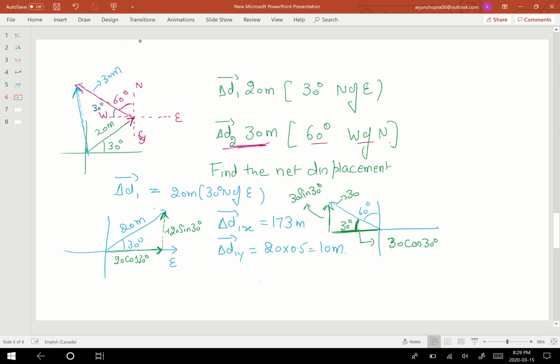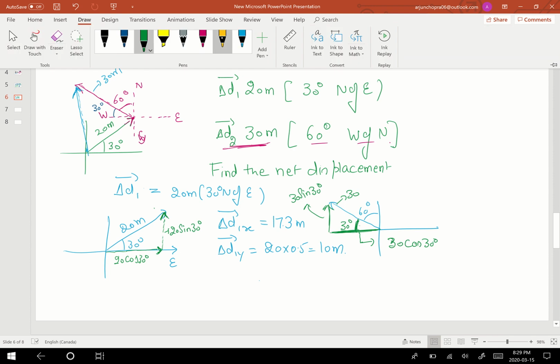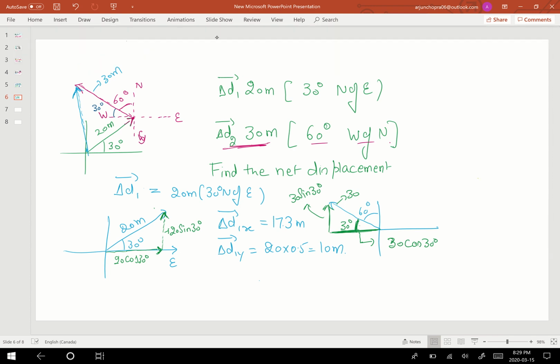This condition will only prevail when I am taking the angle with respect to the horizontal. Otherwise, if I would have taken this 60-degree angle, then I would have written this horizontal component as 30 sine of 60 degrees.